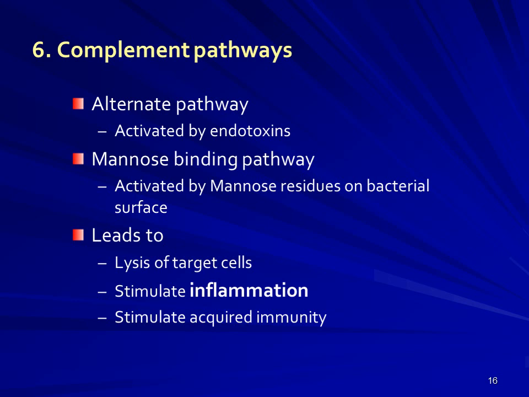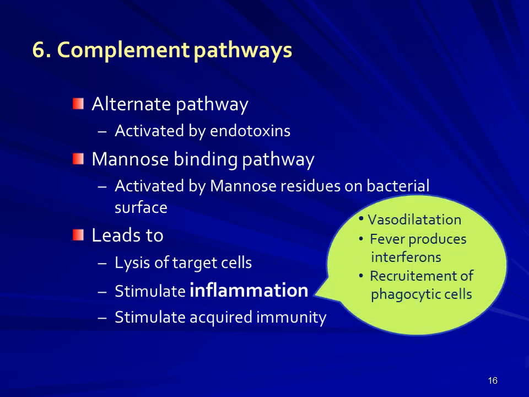They can activate the alternative pathway, and the mannose binding pathway is activated by the mannose residues which are present on the bacterial surface. So either the endotoxins produced by the gram-negative bacteria or the mannose residues present, again most of the times, on gram-negative bacterial surfaces can activate these complement pathways and lead to lysis of the targeted cells, and also stimulate inflammation and the acquired immunity.